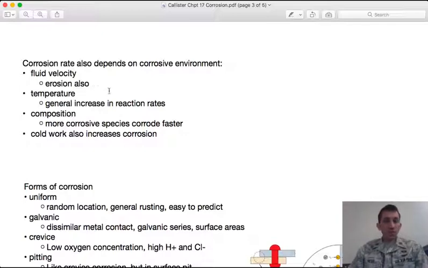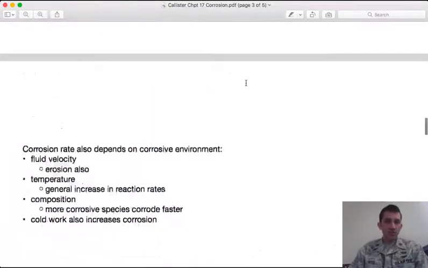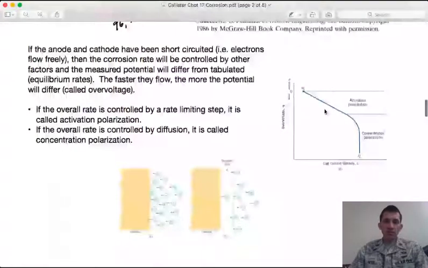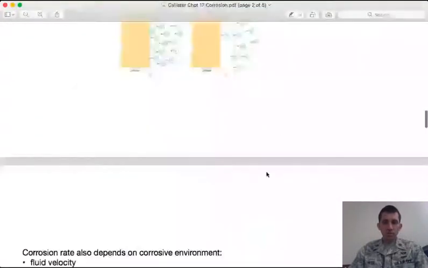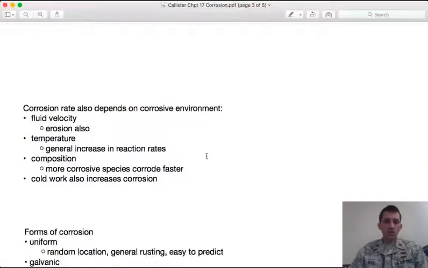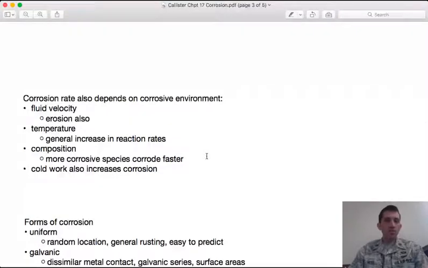So this is a chemical reaction, and so you would expect that as the temperature increases, then the reactivity is going to increase, especially if you are in this activation polarization region, right? Because remember, oftentimes as we increase the temperature, we're providing more thermal energy to get over those activation energy barriers, and so temperature is generally going to increase corrosion rate.